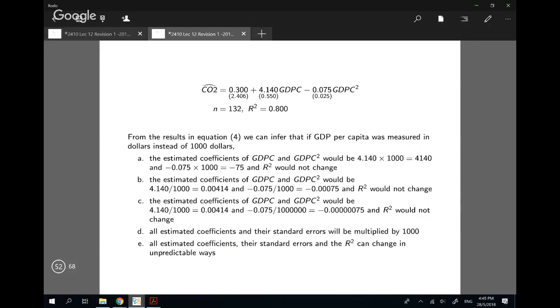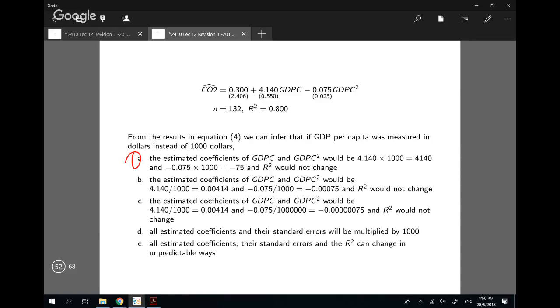A. The estimated coefficient of GDP square will be 4.14 times 1,000 equals 4.14. And R square would not change. Do you agree? I don't think so. Which one do you think? C? Why C?